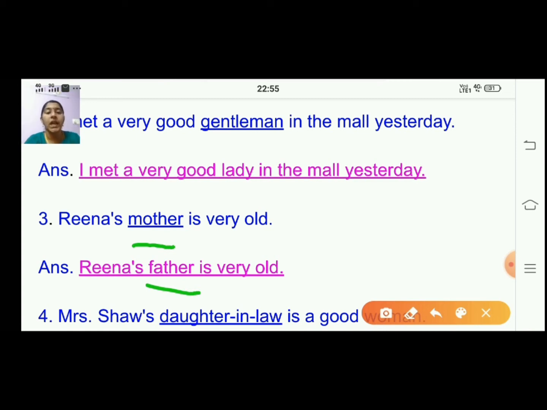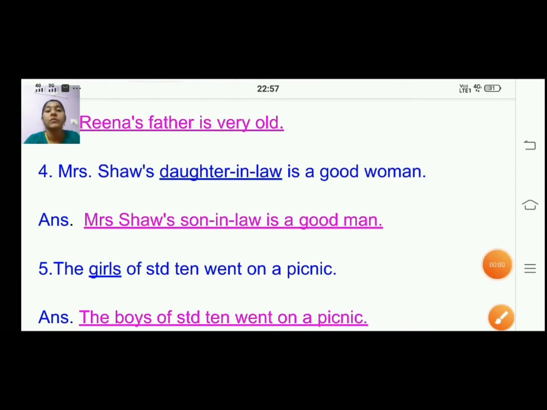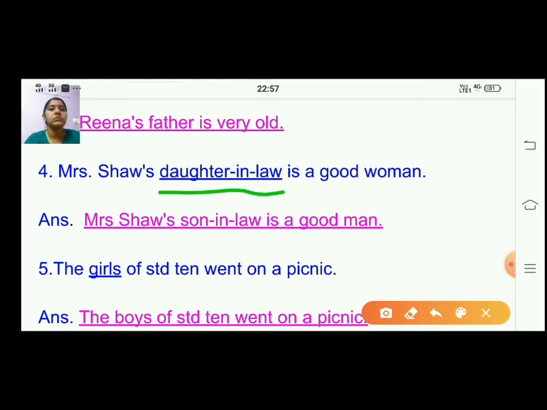In the question they have given Reena's mother is very old, but in the answer you will say Reena's father is very old. Right? This is how we are going to change it. Fourth one, Mrs. Shaw's daughter-in-law is a good woman. Daughter-in-law is female, right? Feminine gender.